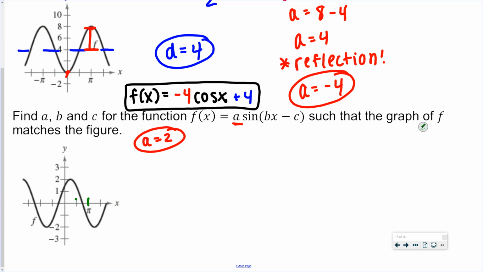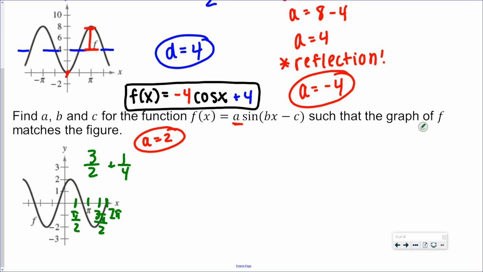Okay, so what would this be? pi over 2. Okay? What would this be? 3 pi over 2. So 3 pi over 2, 3 halves plus another fourth, it's 6 fourths right now. 7 pi over 4. Yep.